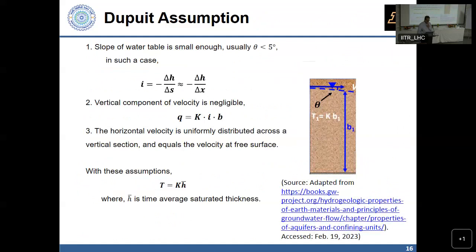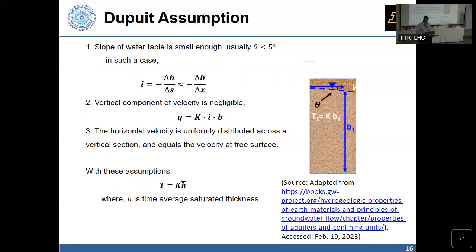But we hope that this change is not very rapid. Now this is change in space. So what we are saying is the gradient of flow that is causing water to move from one location to the other is actually this change in height in the water table. That is the delta H.